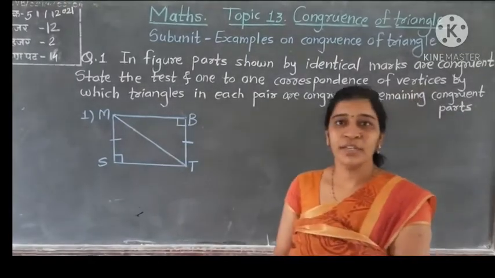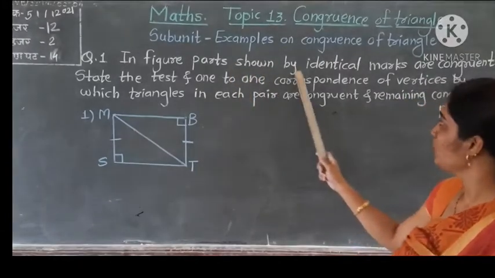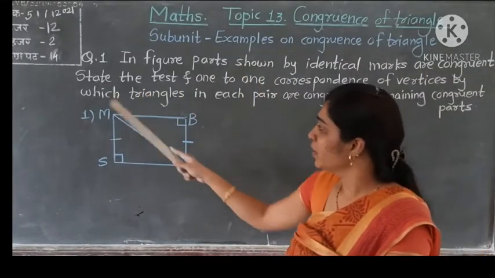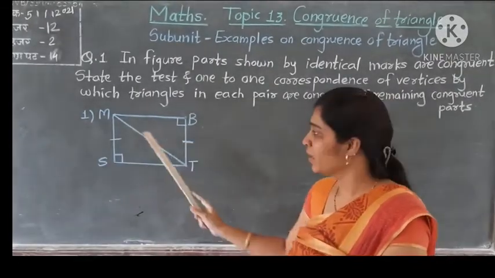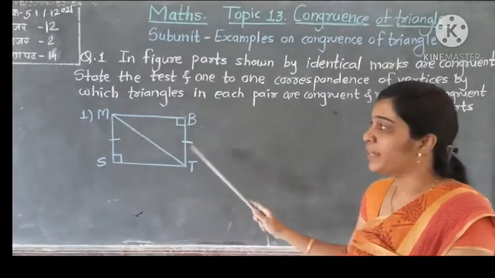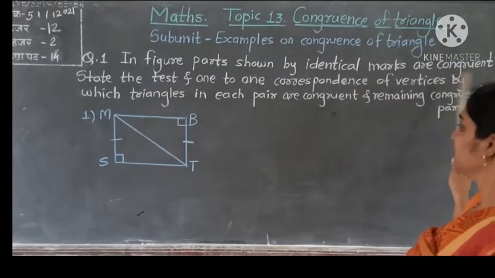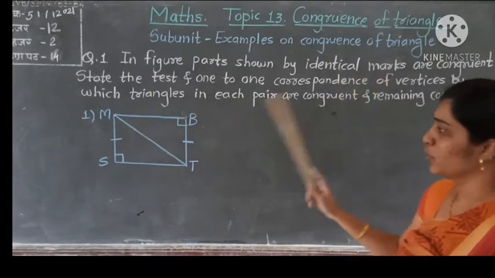What is question 1 given here? See, in the figure, parts shown by identical marks are congruent. Here identical marks are shown. MS is congruent with BT. State the test and one-to-one correspondence of vertices by which triangles in each pair are congruent.